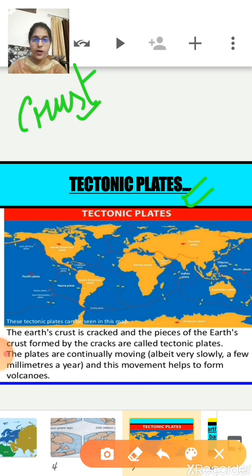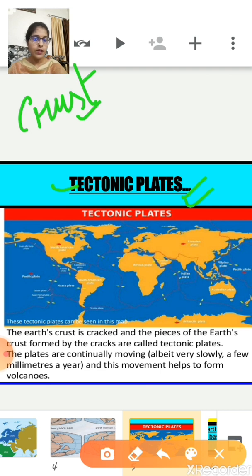Now basically there are 7 major tectonic plates and some minor plates. All these plates move very slowly, just a few millimeters every year.